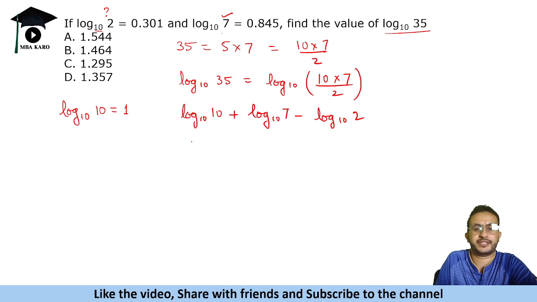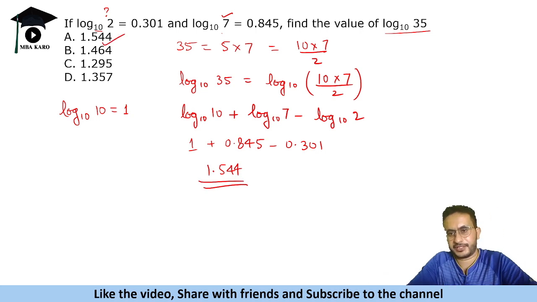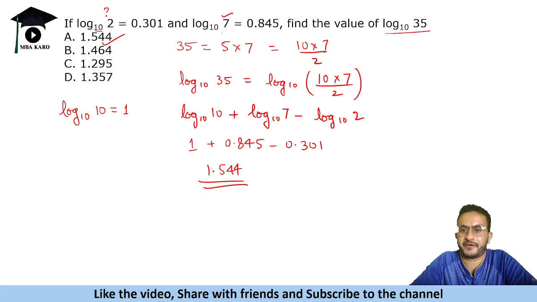Now log₁₀ 10 is 1, log 7 is given as 0.845, and log 2 is 0.301. So 0.845 minus 0.301 is 0.544, so 1.544. That is our answer. So through these two examples, we saw how we can find the logarithmic value of another number using the log values of some of the numbers.